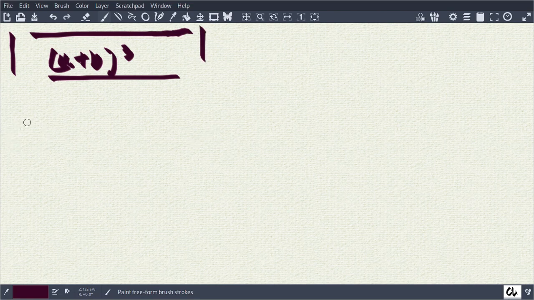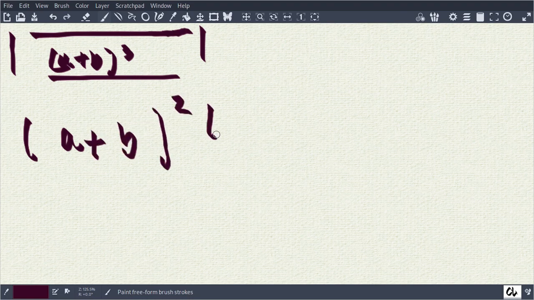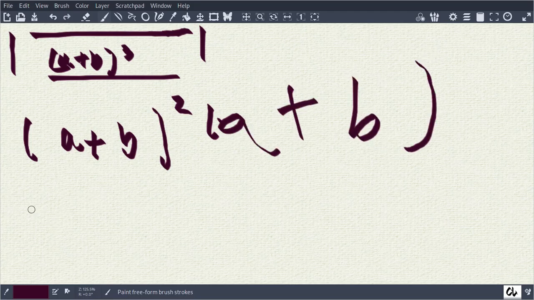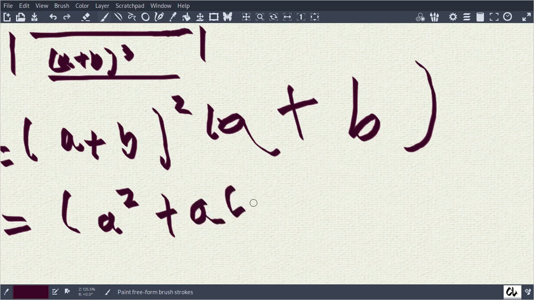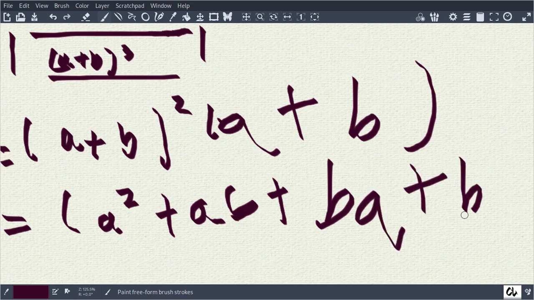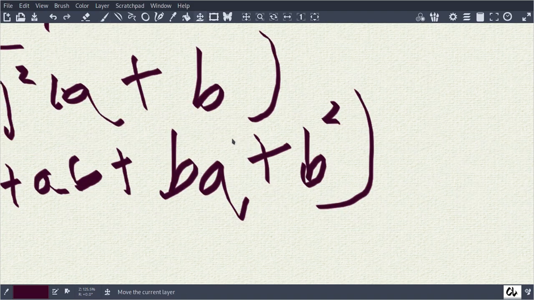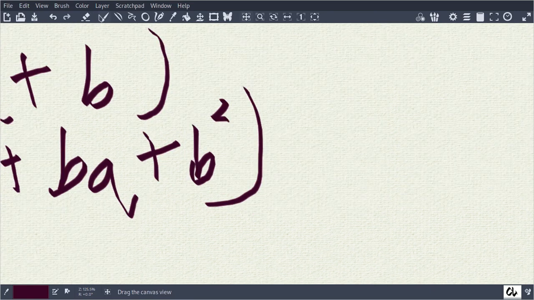So we already found out that a plus b squared times a plus b, we already know this. And we previously proved that a plus b whole squared is a squared plus ab plus ba plus b squared, and we basically have to multiply that with a plus b.